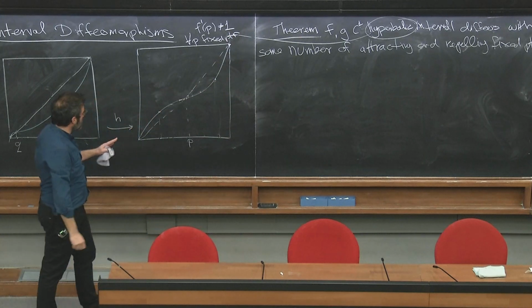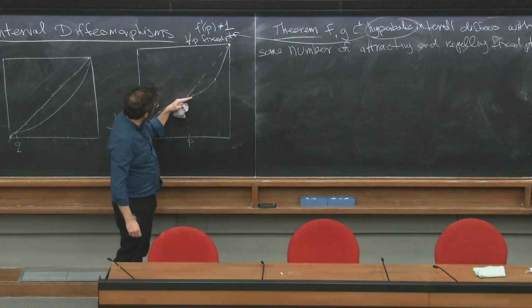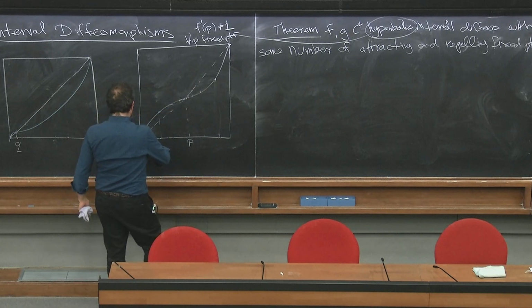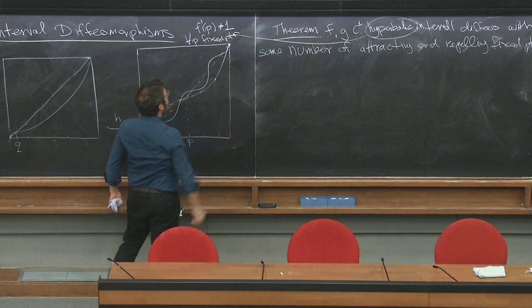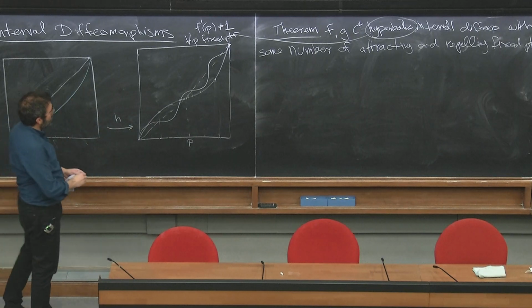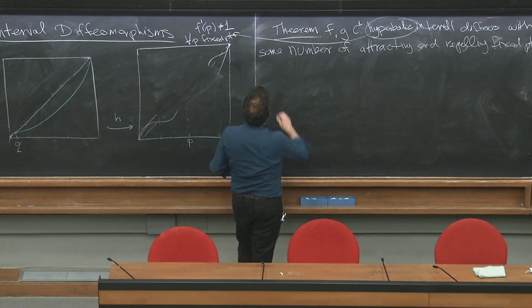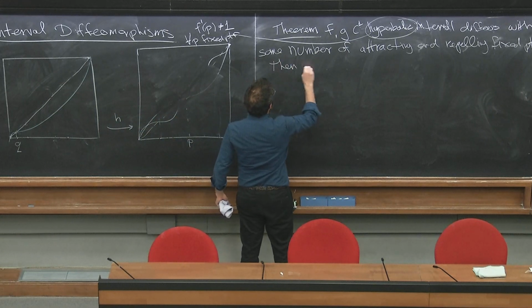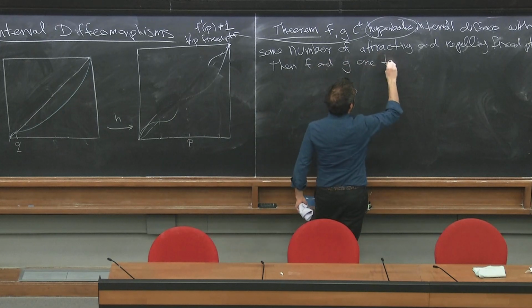In particular, this means that you always cross the diagonal at every fixed point. You either cross it like this, or you cross it like this. So you may have something that crosses many times like this, but you always cross it. You cannot have the tangency situation that we had. Then F and G are topologically conjugate.